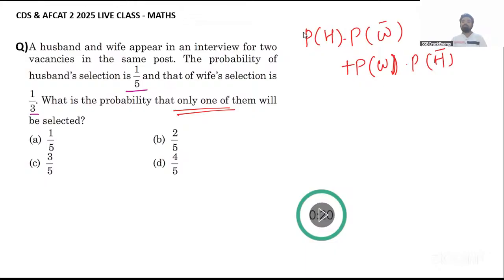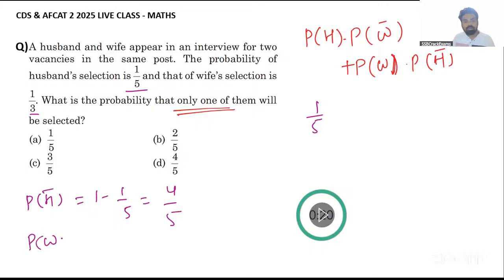Whenever there is "and", you will multiply. Whenever there is "or", you will add. Okay, husband and not wife, or wife and not husband. So there are two possibilities now. In case of "or", we have added. In case of "and", we have multiplied. So you now know that the probability of husband's selection is 1 upon 5 and the probability of husband's not being selected is 1 minus 1 upon 5, which is 4 upon 5.